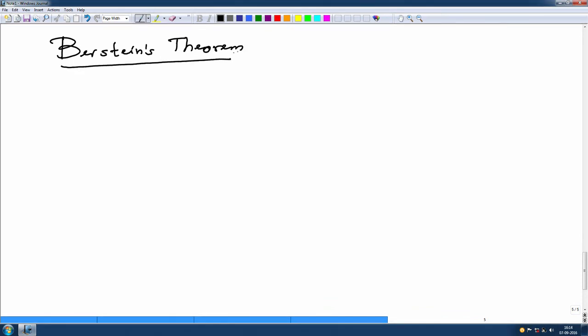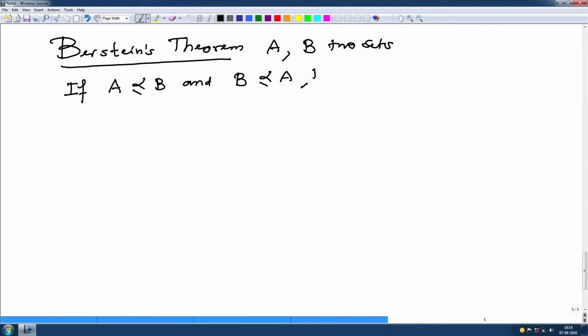It says that if A and B are two sets, if A script less equal to B and B script less equal to A, then A and B are equipotent.